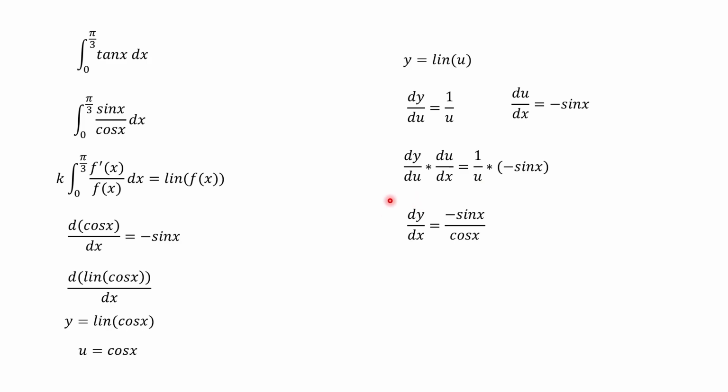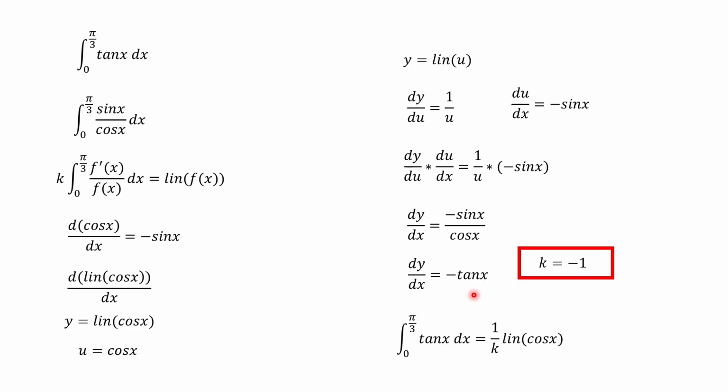And so this means dy over dx is minus sine x over cos x, which is minus tan x, and that's not quite what we want. We want to integrate tan x, but we can see then that our constant has to be minus 1. Because if you times by minus 1, you'll get tan x. And that's really important, so we can put a box around it.